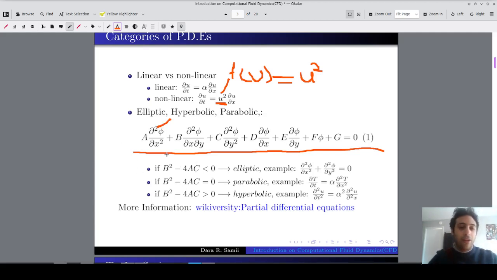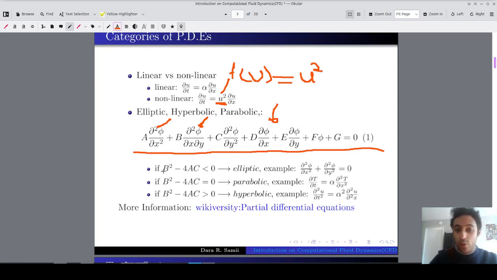Here, first of all, we should make sure this is a linear function. A, B, C, D, E, F, G, all of them are constant numbers, and there is no nonlinearity. And these constants do not depend on the phi variable.